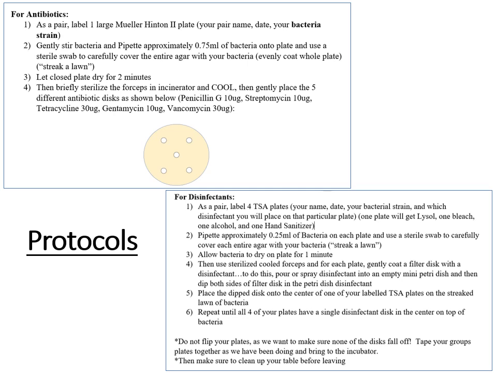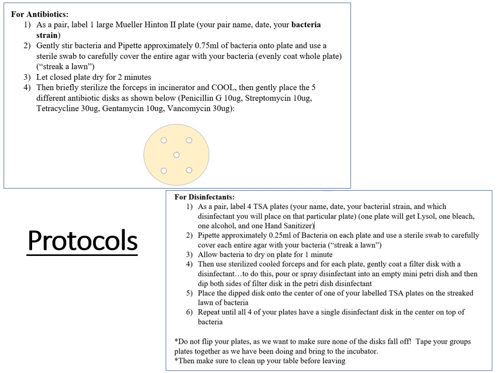This is just to show you exactly how those types of experiments would be set up. So for instance, if you were in lab doing this right now, you would swab your labeled agar plate with a whole bunch of bacteria.